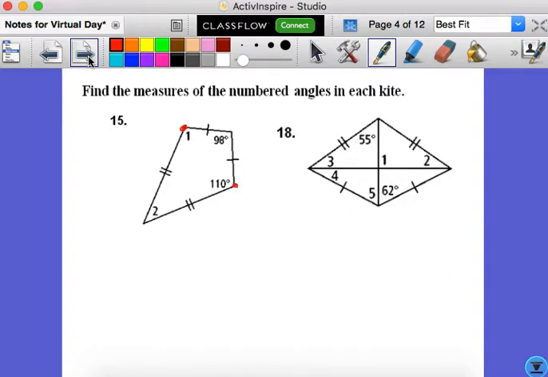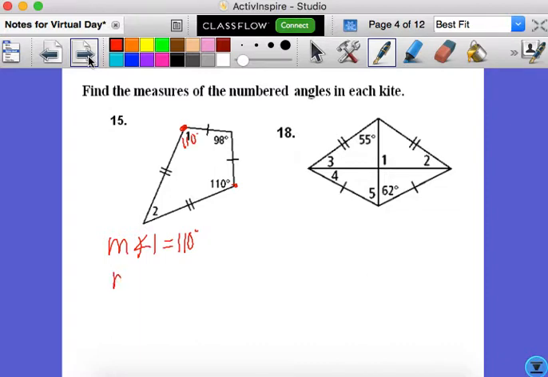And the reason for that is if I sketch this diagonal here and this diagonal here, I know this angle is the same as this one, and this angle is the same as this one. So put together, they should both be 110 since the original angle is 110. So the measure of angle 1 is 110 degrees.